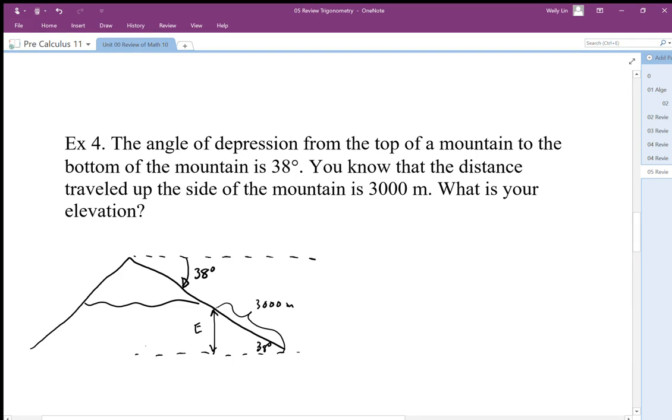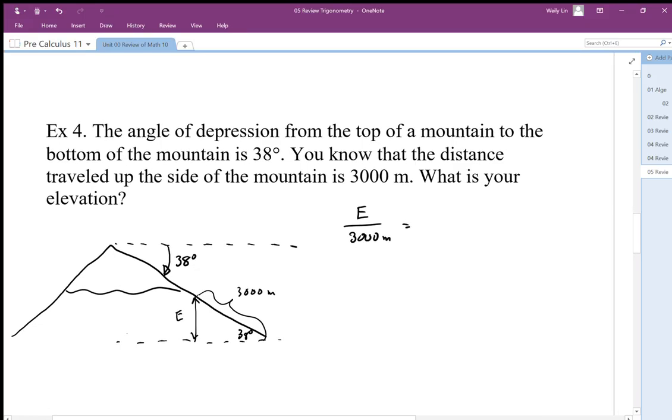I can calculate opposite over hypotenuse. I know that the elevation divided by 3,000 meters is going to give me the ratio of sine of 38 degrees. When I calculate sine 38, I get 0.616.